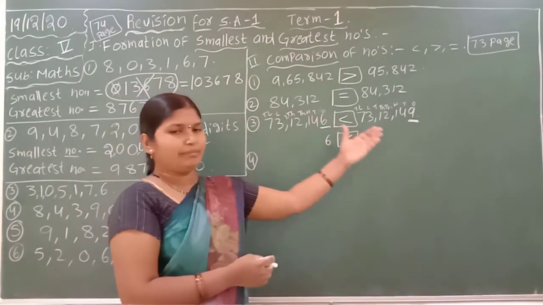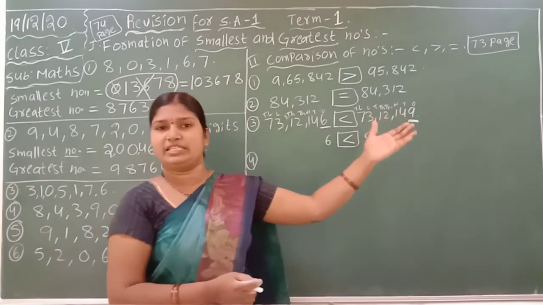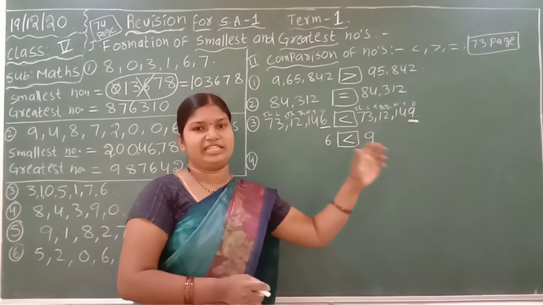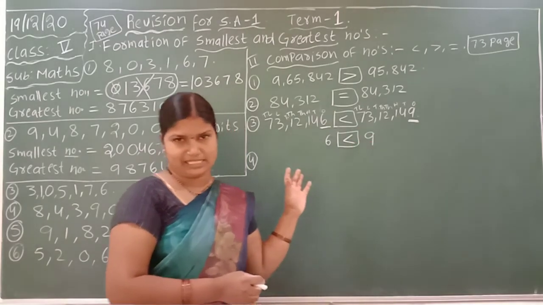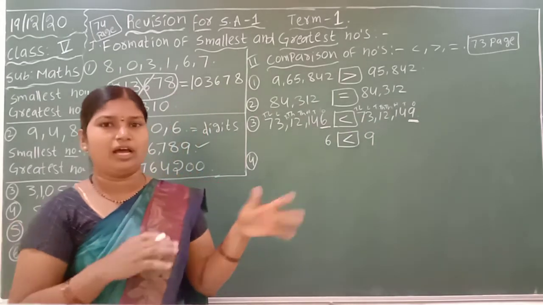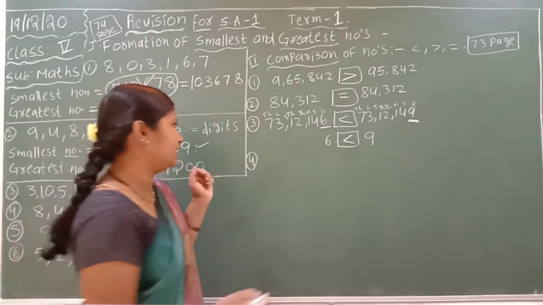If they give different numbers of digits, you can keep the symbol directly. If they give the same number of digits and the same number, it means equal to. If they give the same number of digits and the numbers change, you have to check like this. If only the thousands place is different, no need to check the earlier places; you can write down directly.